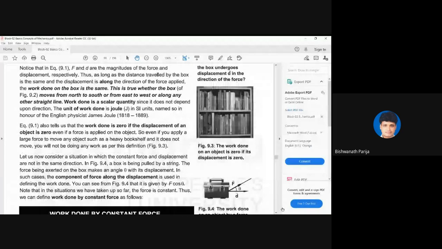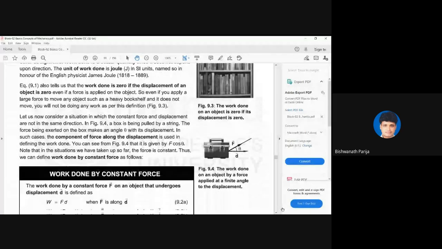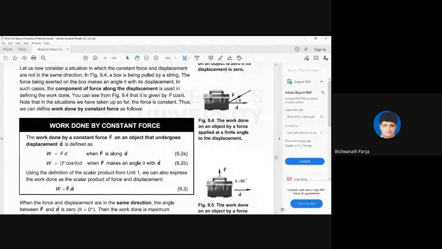If you apply a variable force, your applied force changes from time to time, then we must do integration, or take the area under the force and displacement graph.